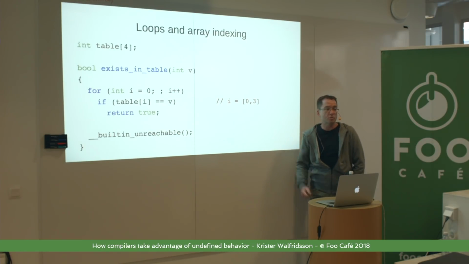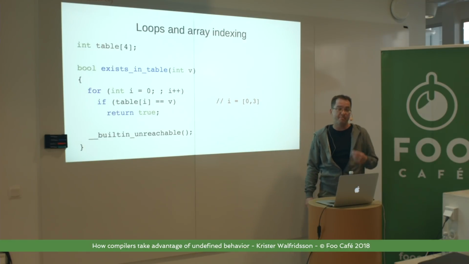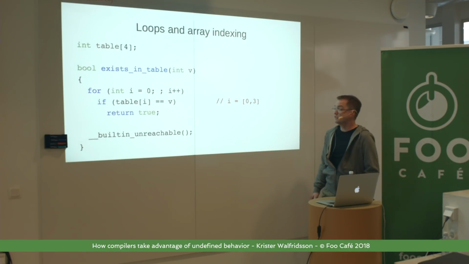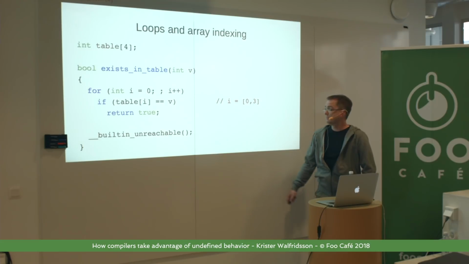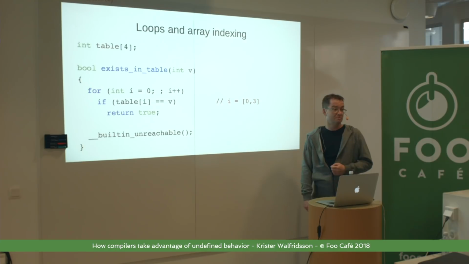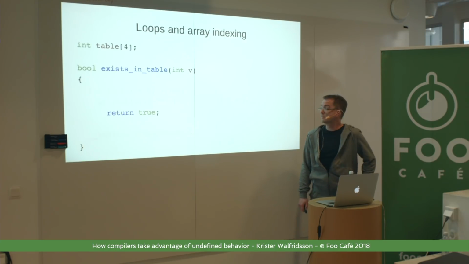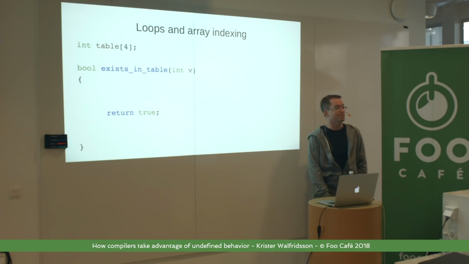So by doing that, it can change the compare and branch to just a conditional branch that then helps other optimizations maybe. If you look at this loop, we don't have any side effect at all. We know that it must return, and it's only one return statement. So we can optimize this too.